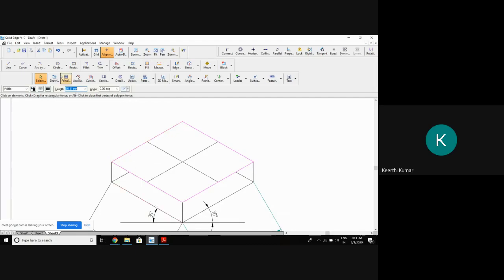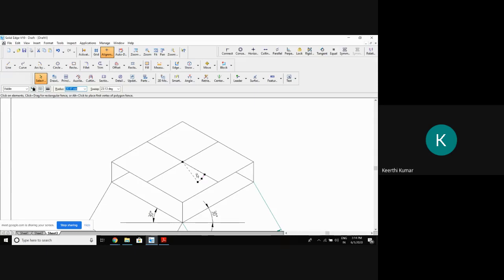What to do? Go for the arc by center point method. Keeping this as a center, cut an arc of how much? 25 into 0.8164. Enter. Cut an arc. So in the last problem also we did the same thing. This arc should be equal to the radius of the ellipse base into 0.8164. The base diameter is 50, so the radius will be 25.